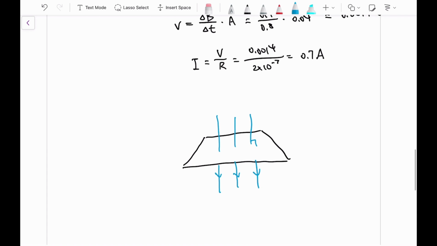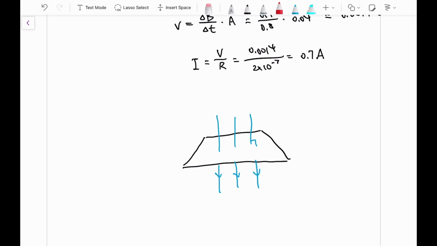Now this is essentially electromagnetic induction, so what we need to use is essentially the reverse of the right hand rule. If you utilize the reverse of the right hand rule, it will give us that the direction of the current will be in this direction.